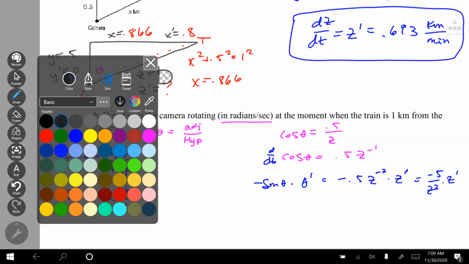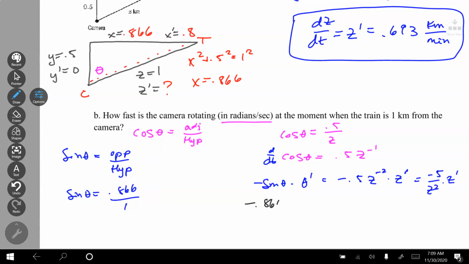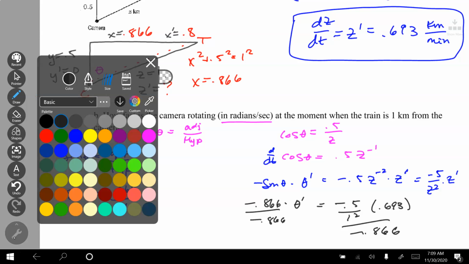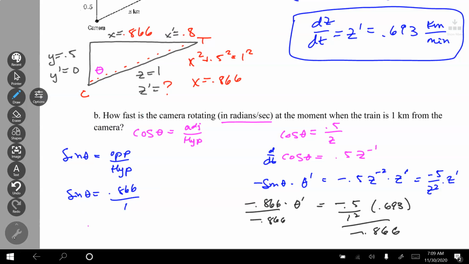So when I do all this, I get negative 0.866 times theta prime is equal to negative 0.5 over 1 squared times 0.693, and when I divide by negative 0.866, I get my theta prime, or my rate of change of my theta, is equal to 0.4, and it's radians per minute.